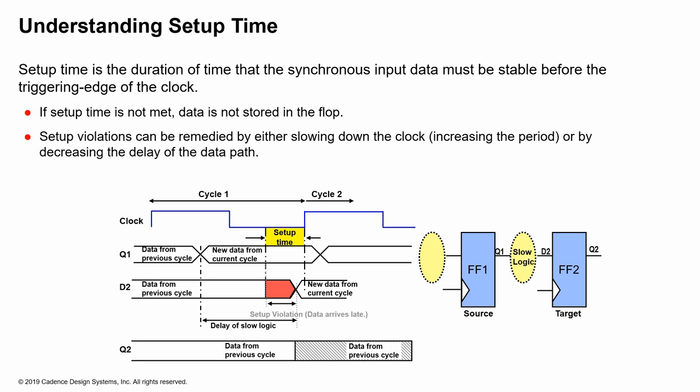The D2 is changing even before that. Because of that, the data will not be stored into flop 2.